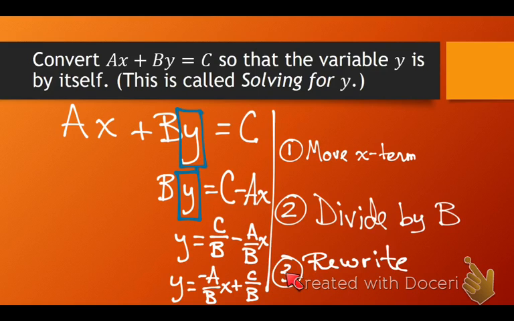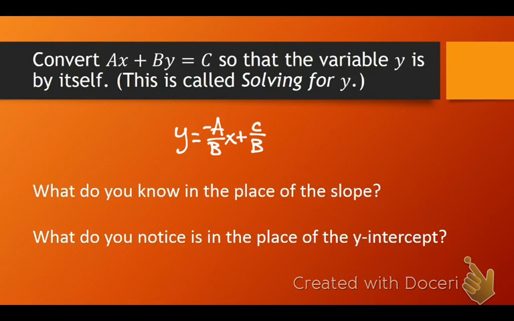But let's notice something. Question is, what do you notice is in the place of the slope and the y-intercept? So to start piecing things together, the reason why we even do a rewrite is to sort of maybe develop formulas.